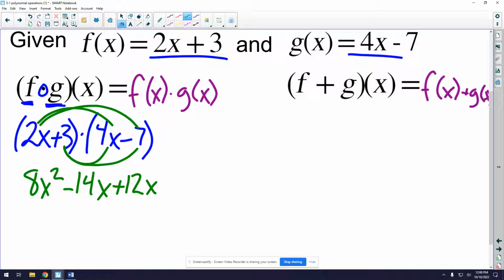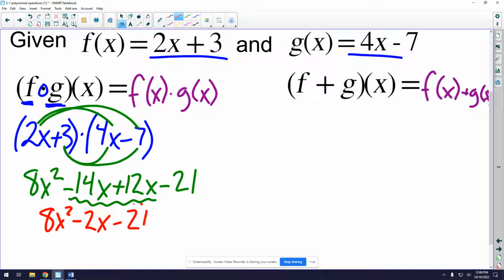And 3 times negative 7 is negative 21. I have these like terms here, so my final answer is going to be 8x squared, negative 14 plus 12 is minus 2x, minus 21. So if you're just multiplying two functions together, make sure you use your FOIL method.